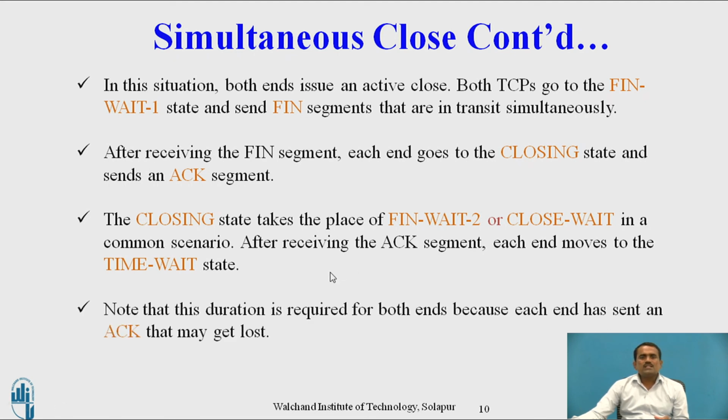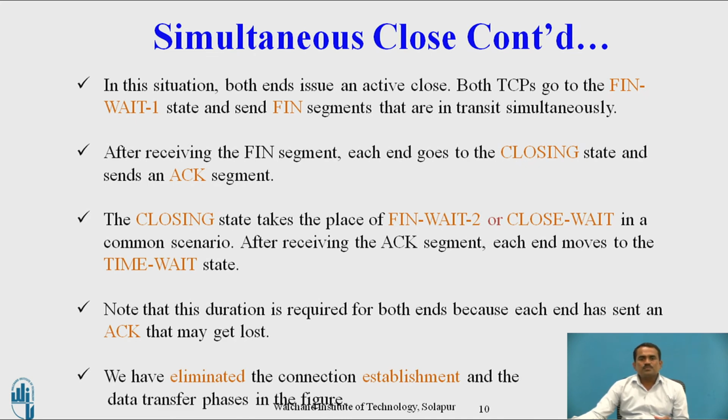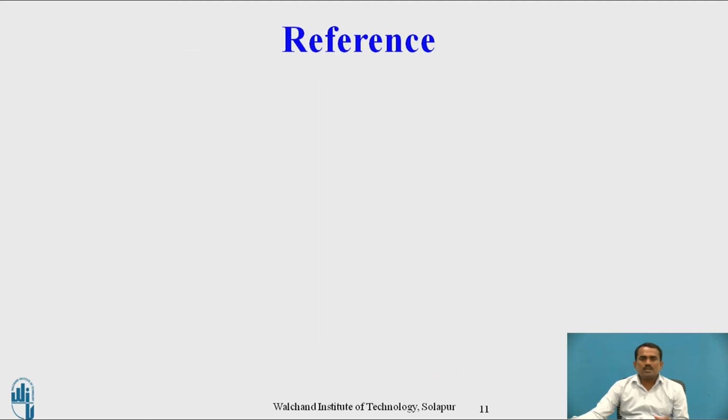Note that this duration is required for both ends because each end has sent an acknowledgement that may get lost on the server side as well as on the client side. Okay, we have eliminated the connection establishment and data transfer phase in the figure. Why? Because simultaneous open is there, so we have eliminated that part.